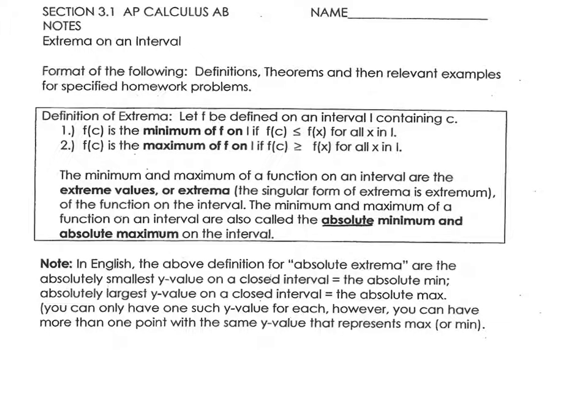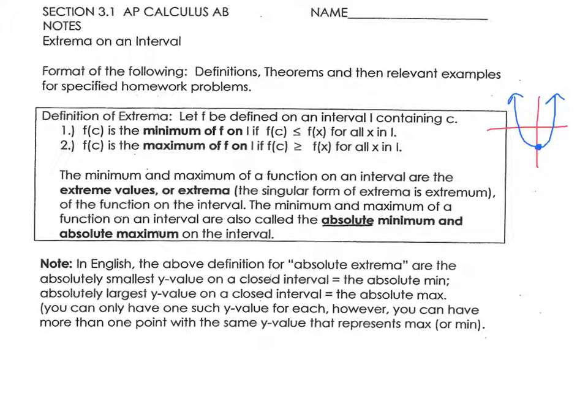Take, for example, a parabola. We have studied before that the vertex of a parabola can either be a minimum or a maximum value. So in this case, our parabola is facing up, which means that we have a minimum value.